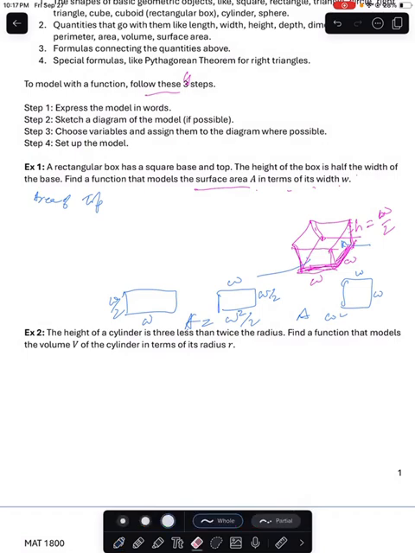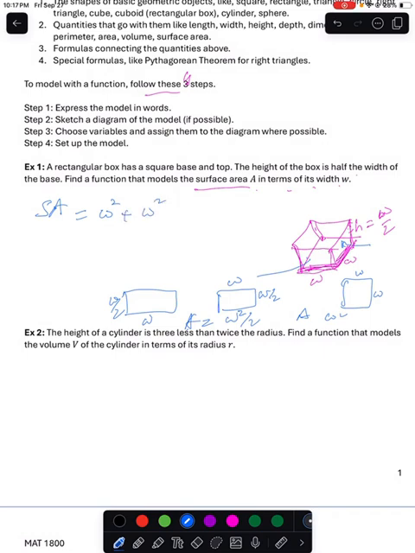Okay, so we can write now the surface area. We usually use uppercase S and uppercase A for surface area, which is equal to w square for the bottom base plus w square for the top.